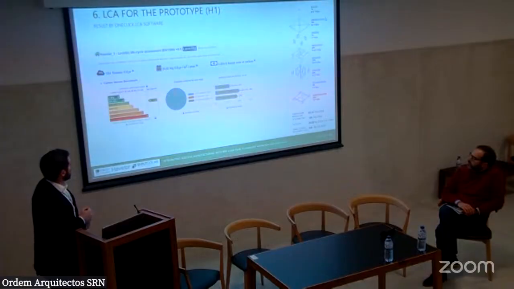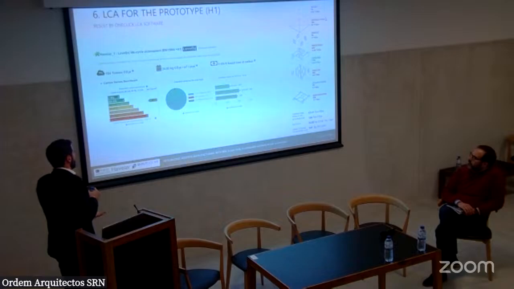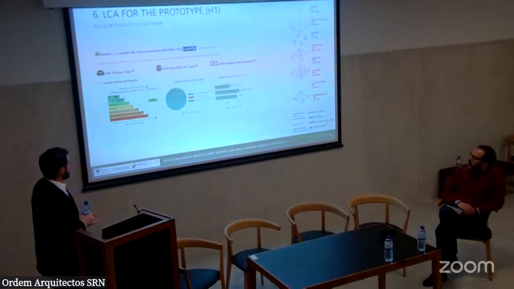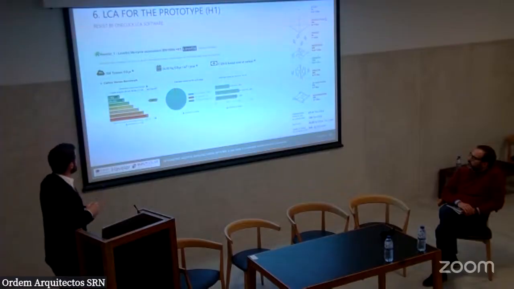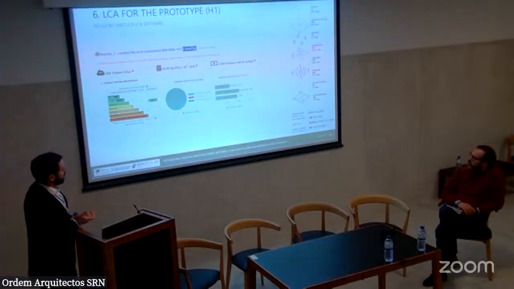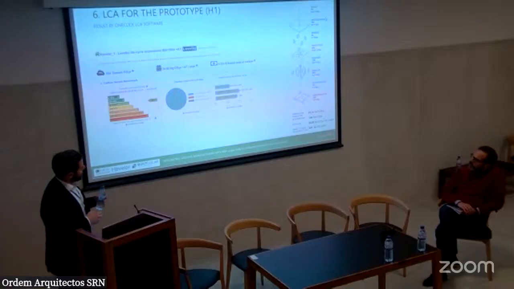So the case study model was produced in Revit, as I said, and the analysis was produced in One Click LCA, a plugin within Revit. In the beginning, I fed the model with all the data extracted, and we reached the C category. Why is this so high?